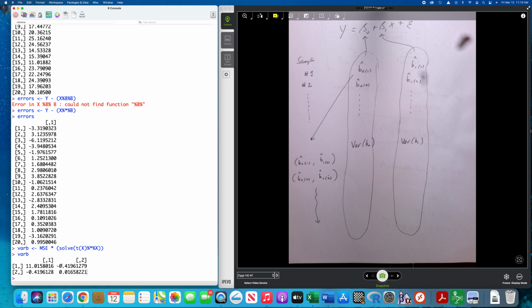If we were to look at the covariance between these ordered pairs, the estimate of that covariance is going to be on the off diagonal. It's going to be negative. Negative just tells us as one goes up, the other goes down, right? Just exactly like with correlation. So again, this is the covariance estimate of beta 0, beta 1, and this is the covariance of beta 1, beta 0.